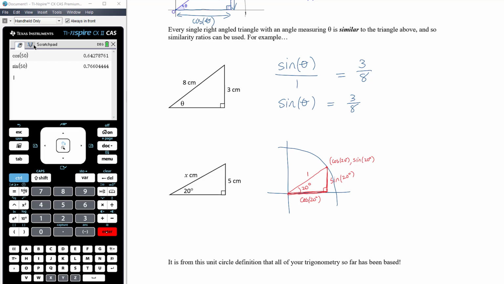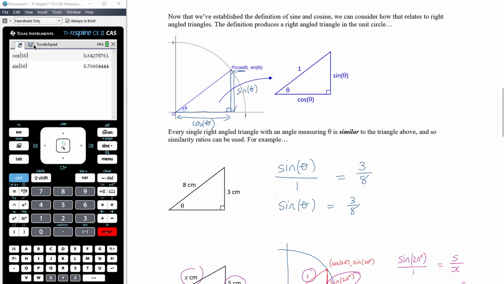We know that sine of 20 degrees divided by 1 is the same as 5 divided by x. So sine of 20 is 5 on x, and then we could solve that for x. Okay, so it's exactly what we already know.